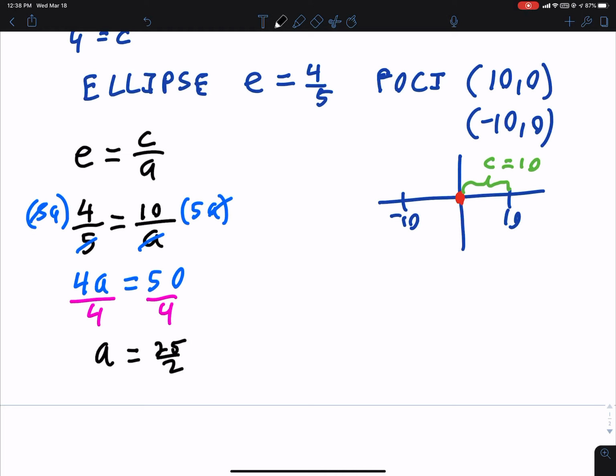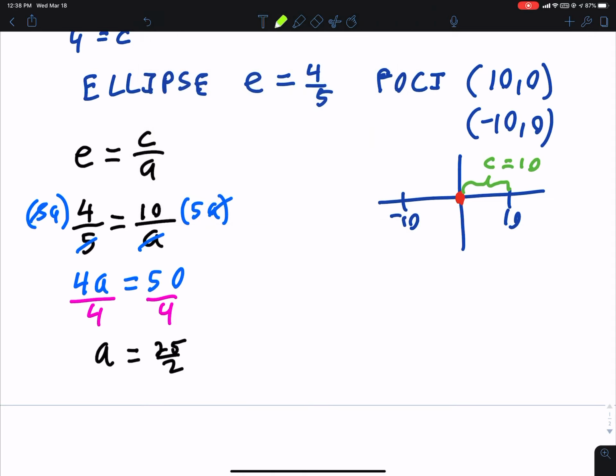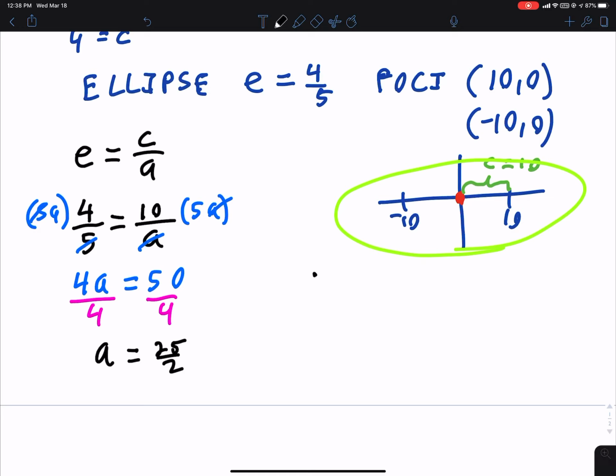Now to get our equation, we're almost there. We know our ellipse is going to be wide. So when we write our equation, our center's at 0, so it's x squared plus y squared. Our a will go underneath the x since it's wider, so we can go ahead and plug that in.